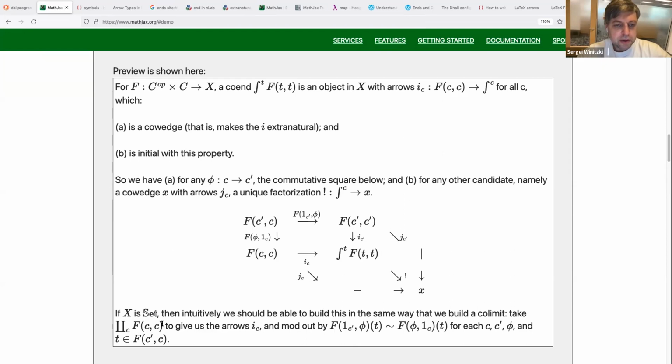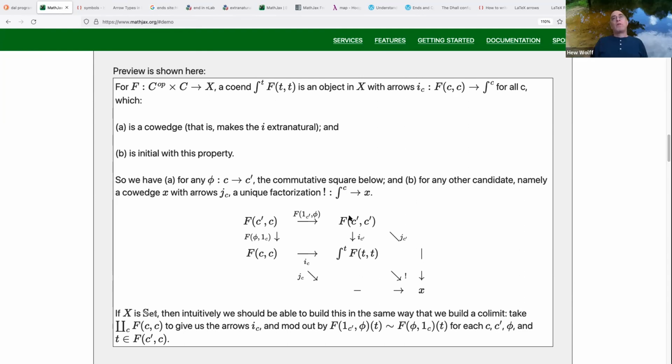So for example, I find some element from F of c prime c, and generate from it two other elements, F of cc and F of c prime c prime.